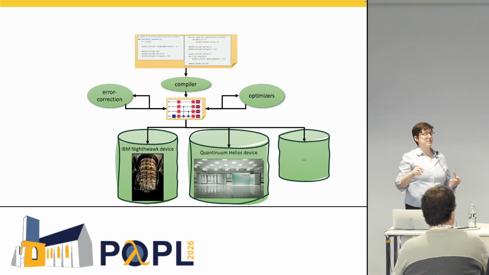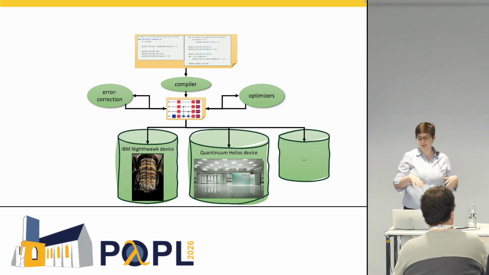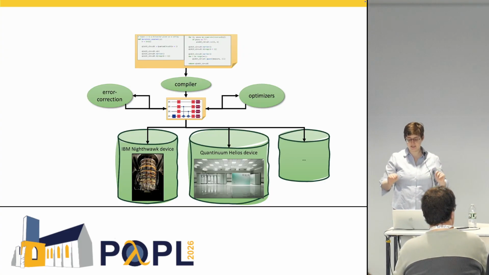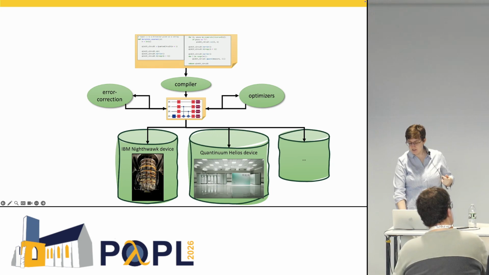Another example of a type of transformation pass is something like an error correction pass, which adds layers of detecting and correcting errors that are introduced by these devices.